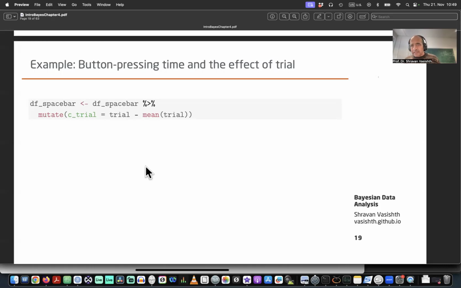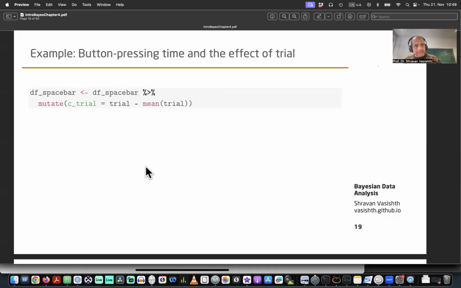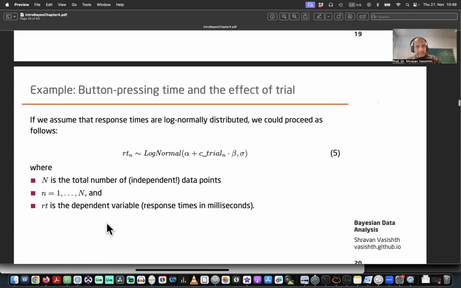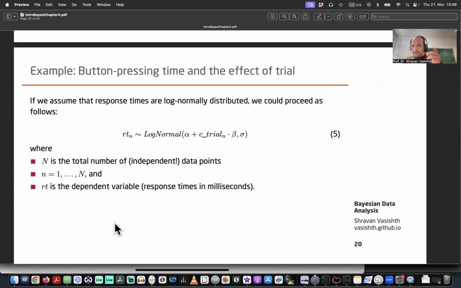But trial ID will start with 1, it won't start with 0. So it's outside the range of possible trial IDs, and that makes the intercept less interpretable. That's why it's useful to center the predictor here. That's one reason why centering is useful: it makes the intercept easier to interpret.